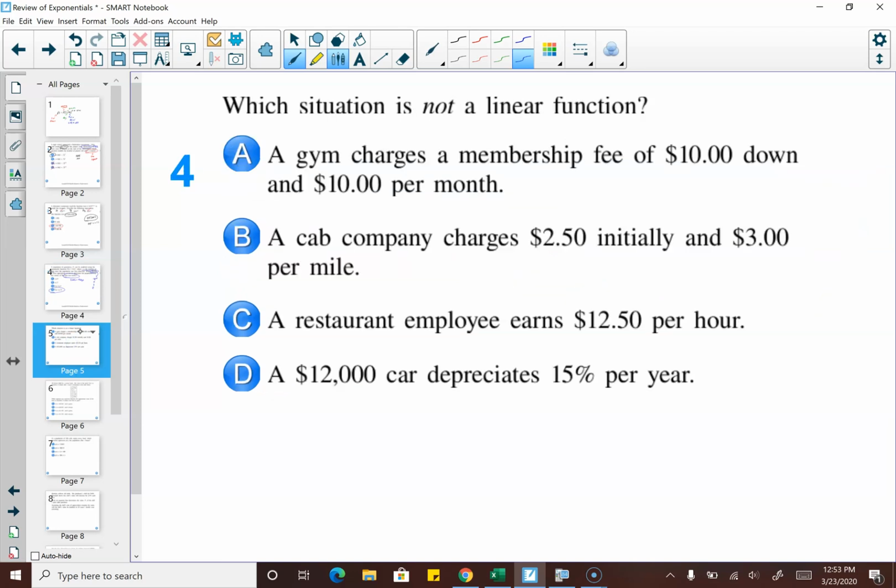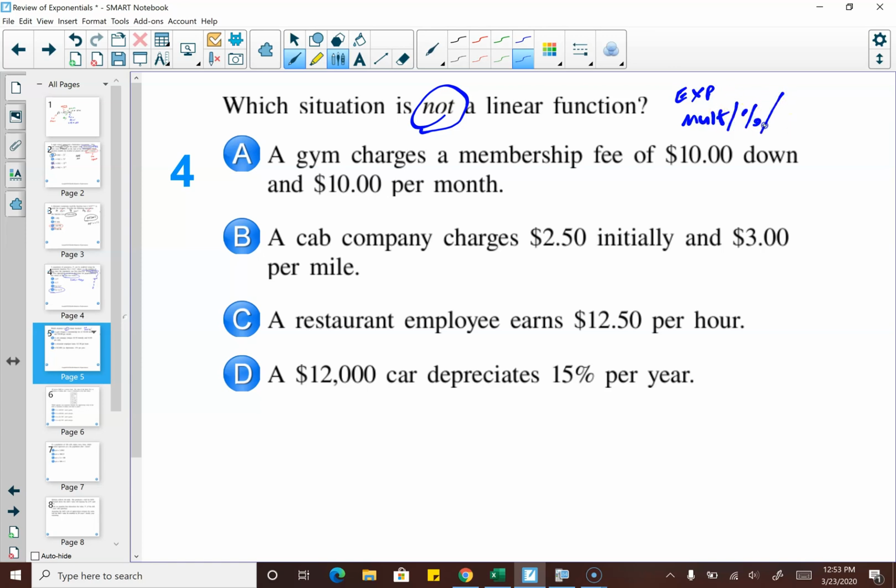In the fourth one, which one is not a linear function? Which usually means it's going to be exponential, and then we want to look for multiplying, percents, words like doubles, triples, and so on. A gym charges a membership fee of $10 down and $10 per month. Nope, that's linear.